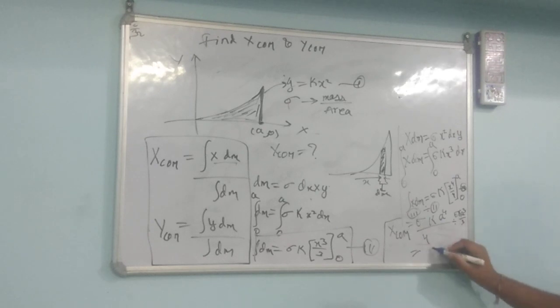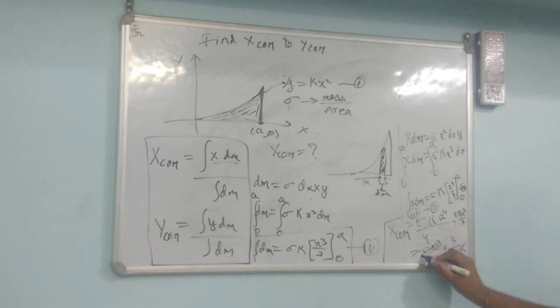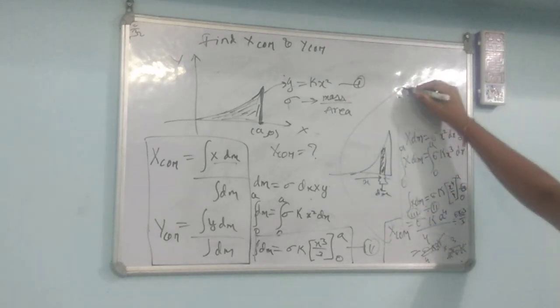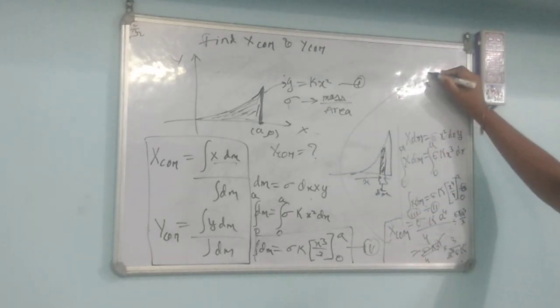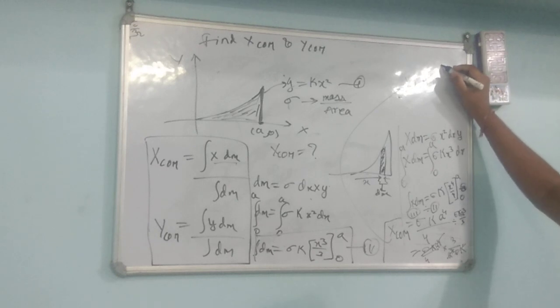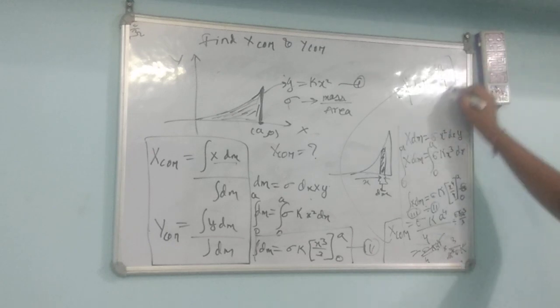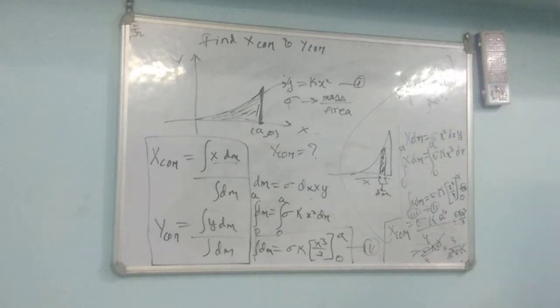So we get sigma k a to the power 4 by 4 into 3 by sigma k a cubed. So we finally got an answer. X center of mass is equal to 3a by 4, so this is our final answer for x center of mass. So x center of mass was easy.